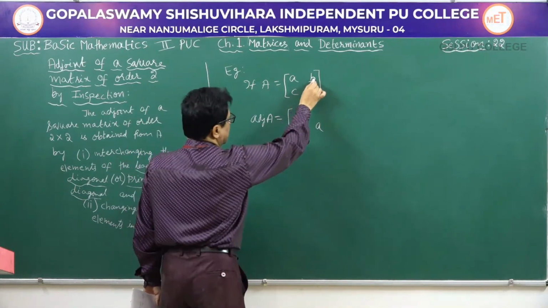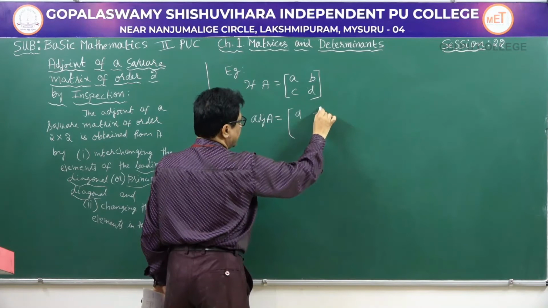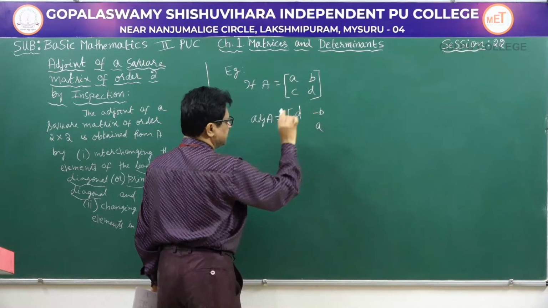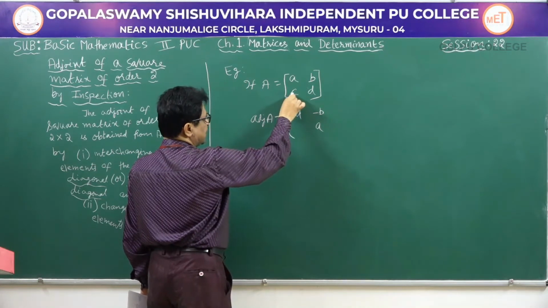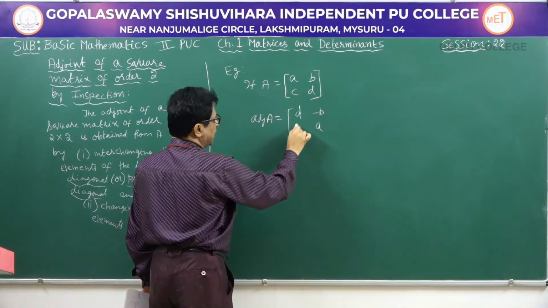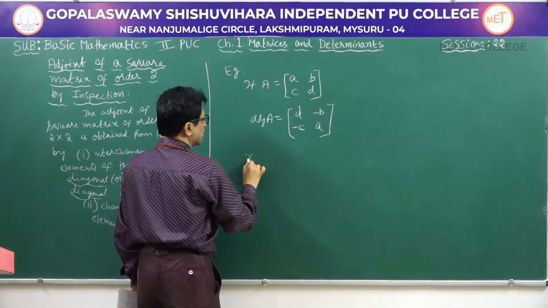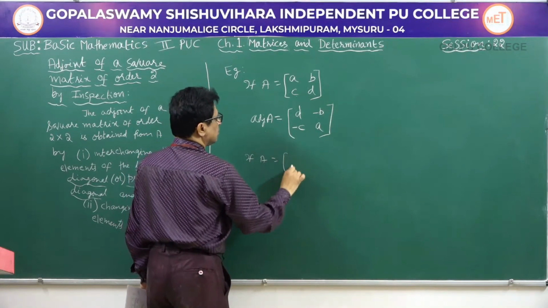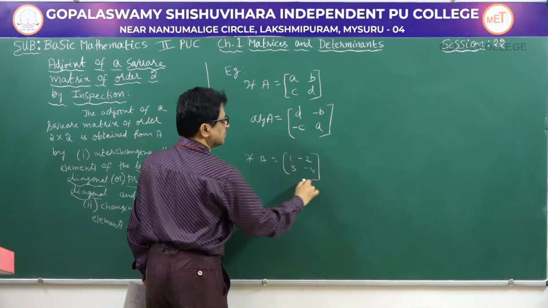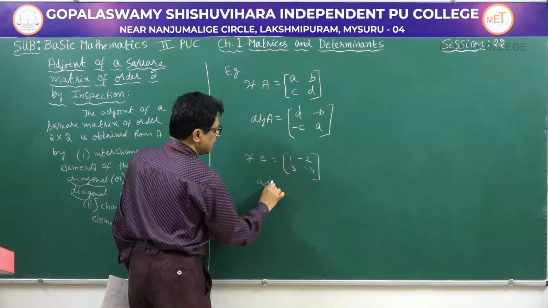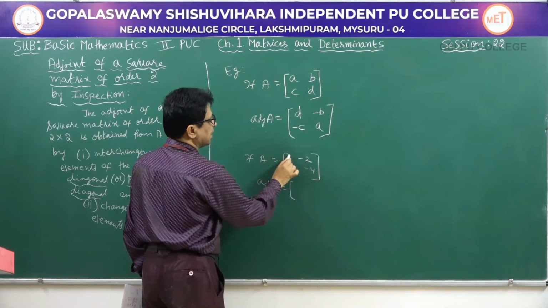So, here the sign of B element is positive. We have to write minus B. And here the sign of C is positive in A. In adjoint A, it becomes minus. Suppose if A is equal to 1, minus 2, 3, minus 4. So, adjoint A is equal to, interchange the principal diagonal elements.